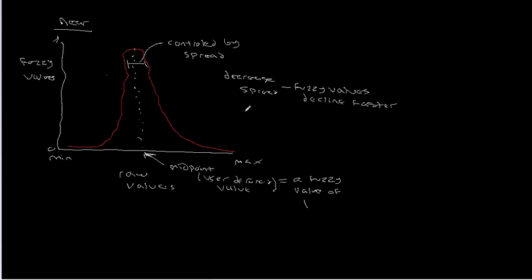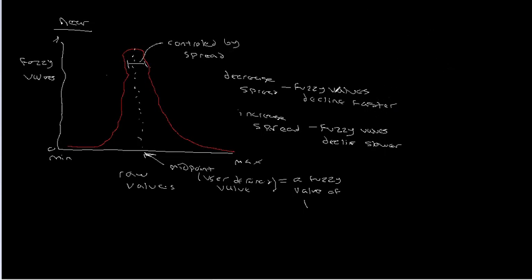If we increase the spread, this bell gets wider, meaning fuzzy values decline slower.